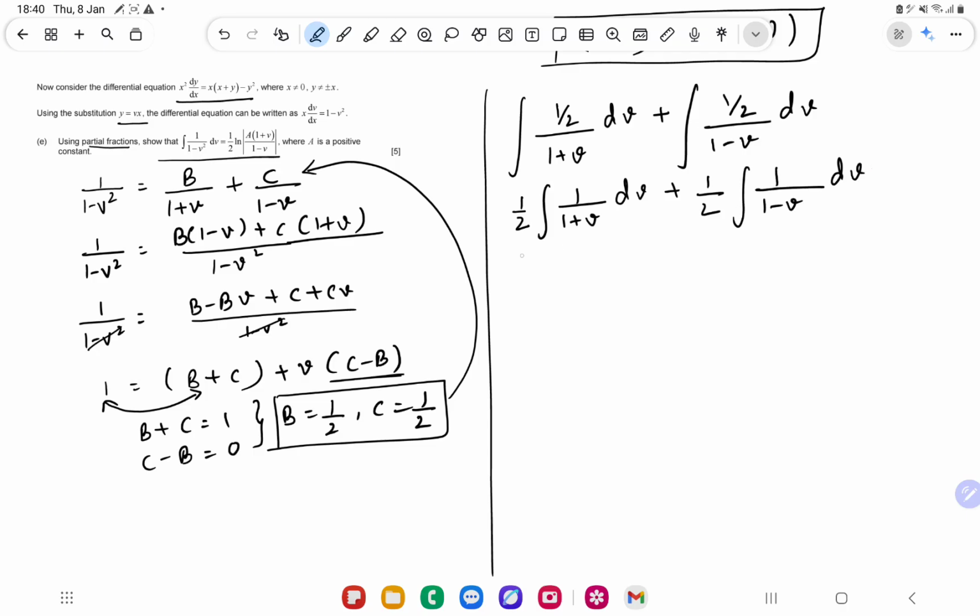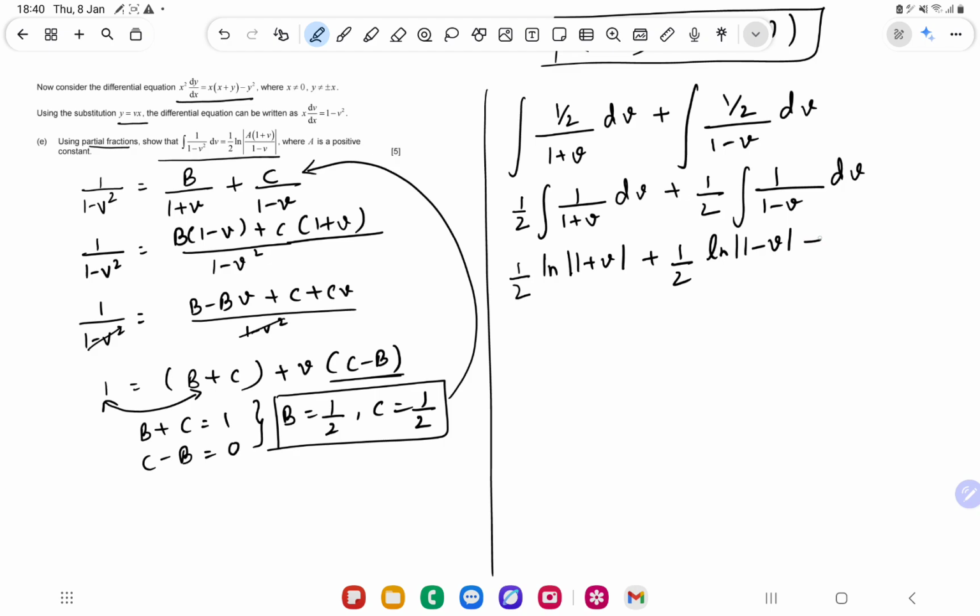Now integration of 1 upon 1 plus v, if you remember or see your formula booklet, is ln modulus 1 plus v plus again half ln modulus 1 minus v.